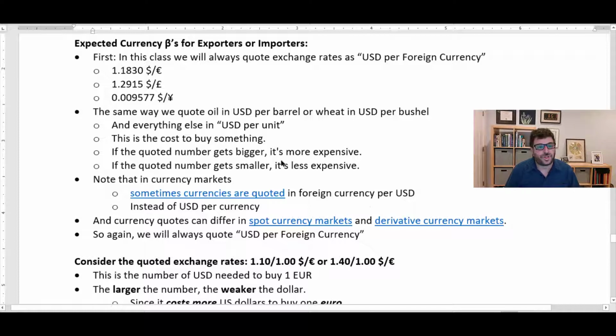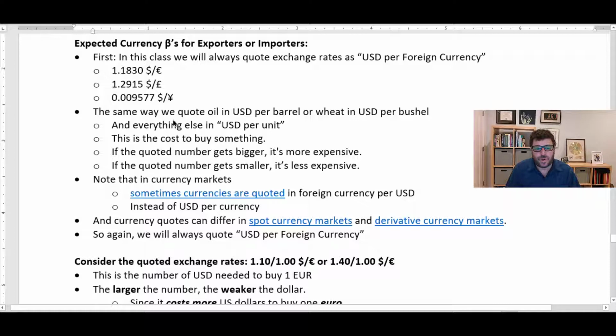So first, in this class, we will always quote exchange rates as US dollars per foreign currency. So it'll be $1.1830 per 1 euro, $1.2915 per 1 British pound, and $0.009577 per yen.